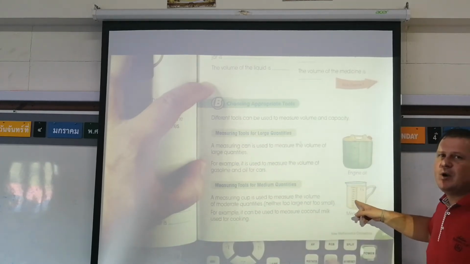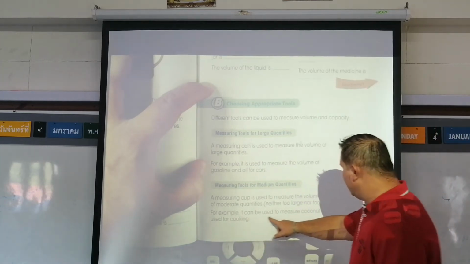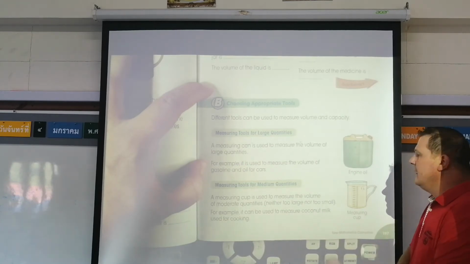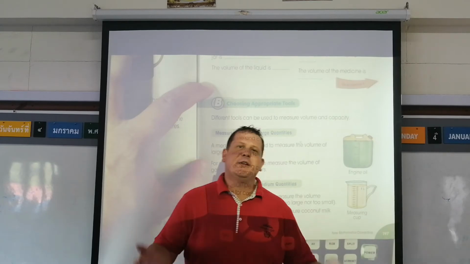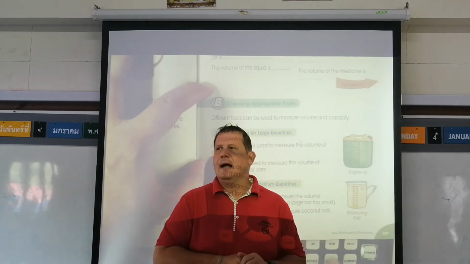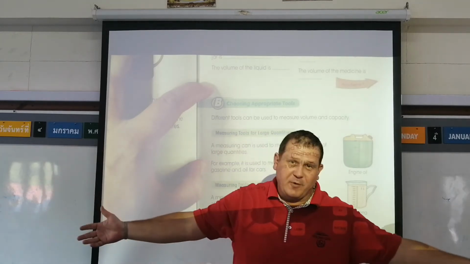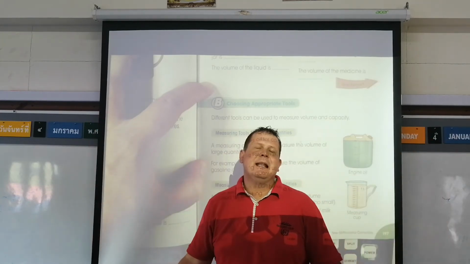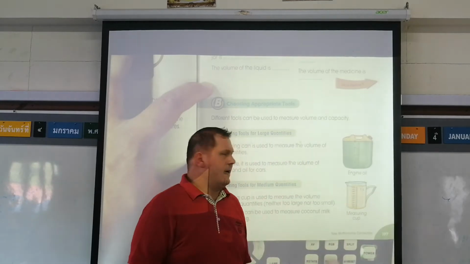That means we'll need 2 of these to measure out 2 liters. For example, it can be used to measure coconut oil. That's used for cooking, so you need 2 liters or 3 liters of coconut oil. Or making a large recipe for pancakes. You need 1 liter of water, then you can use something like that.